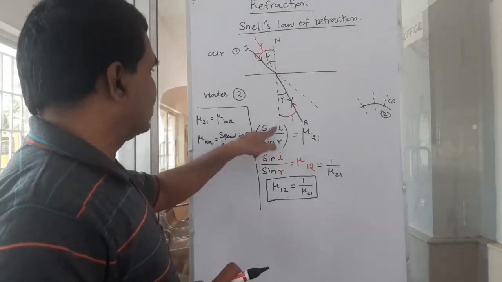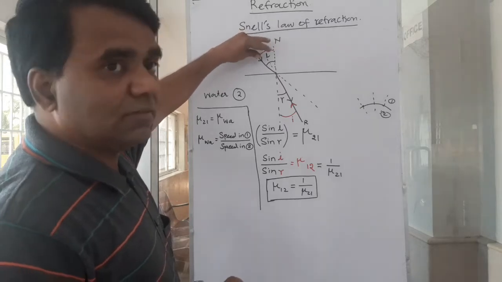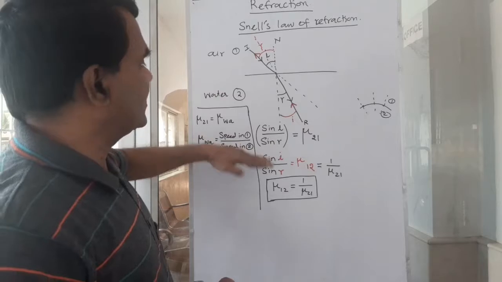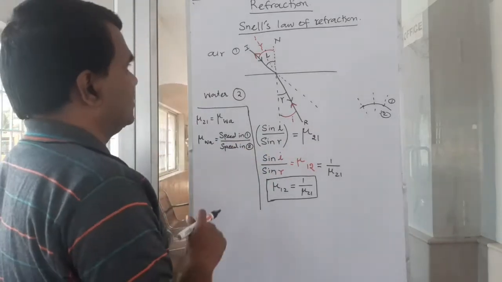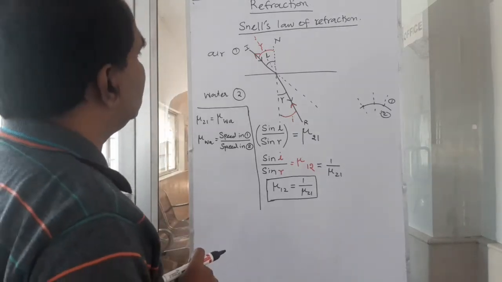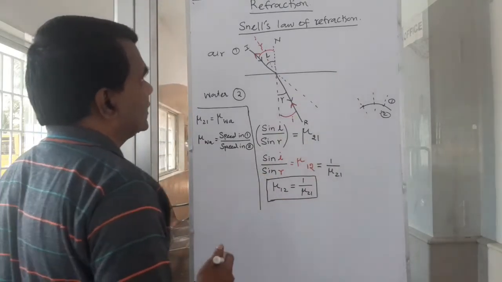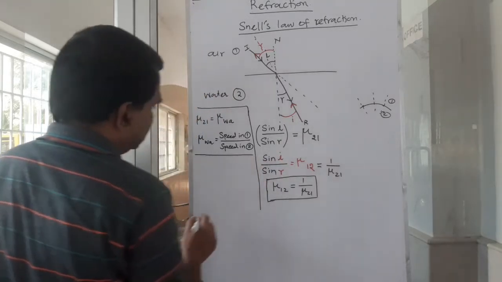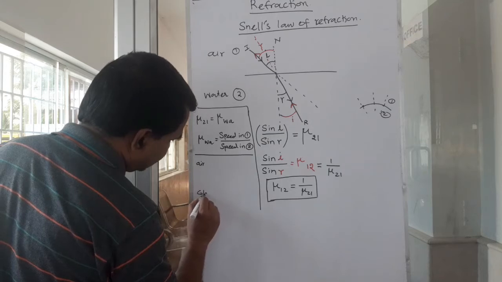So sin I kind of represents the speed in medium 1, and sin R represents the speed in medium 2. That ratio will be the refractive index. For example, if I take glass, I have air here and then glass.